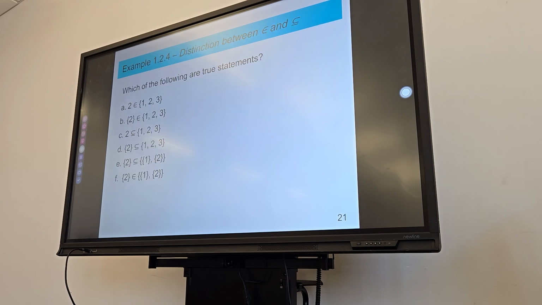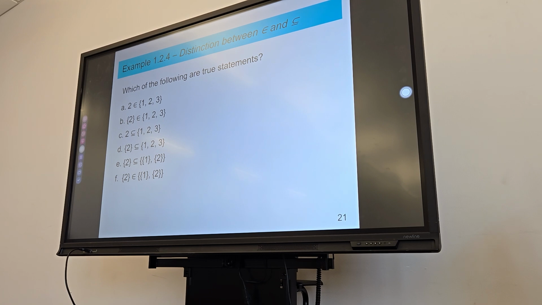Okay. Which of the following are true statements? 2 is an element of the set of 1, 2, and 3. True. 2 is one of the elements of that set.